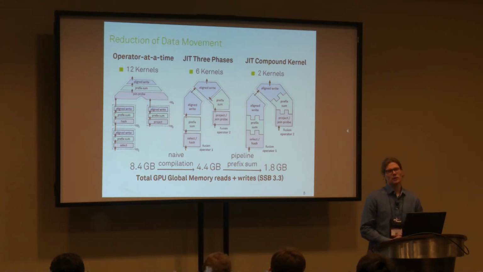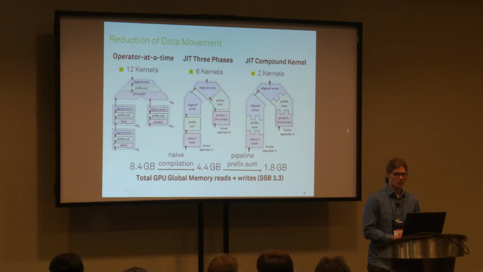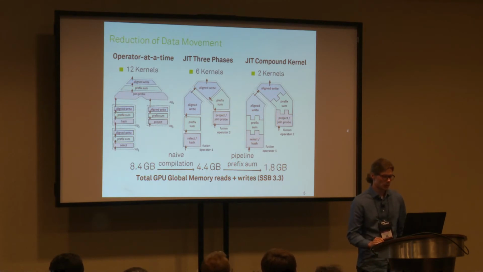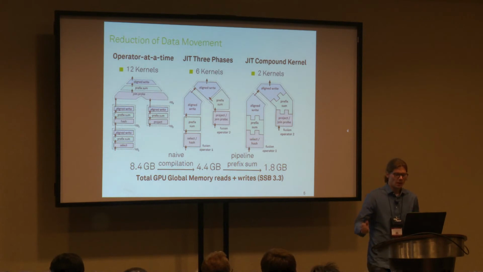When we apply compilation in a naive way and just merge the kernels within each of the sub-operators, then we get a limited benefit, and we can process each operator pipeline with 3 kernels, leading to 6 kernels, and a limited benefit in memory access to 4.4 gigabytes.